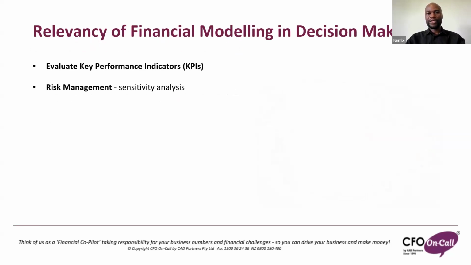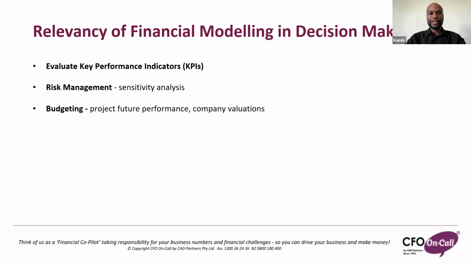We also use financial modeling for risk management, where we do sensitivity analysis. For example, we say, what happens if our profit drops by 25%? What's the impact on profit margins and cash flow? Or if we have a good period and our sales are up by 25%. And we do budgeting. We do three-way financial budgets: cash flow, income statement, and balance sheet.